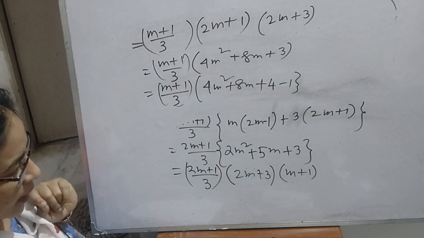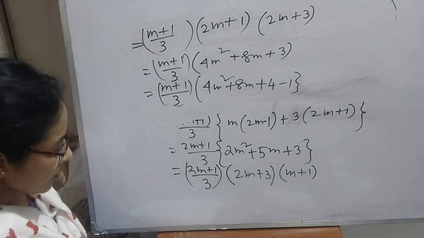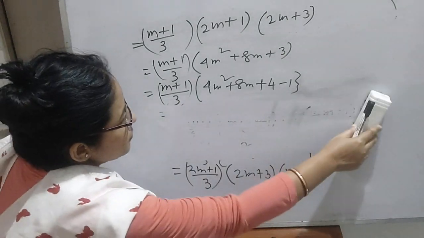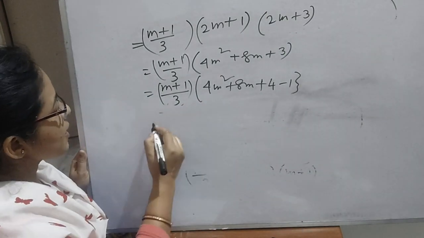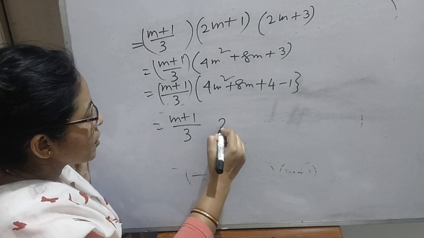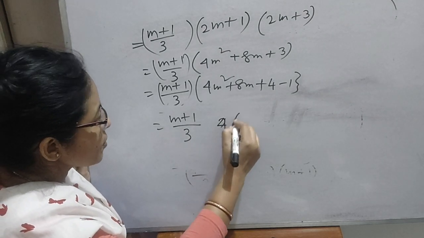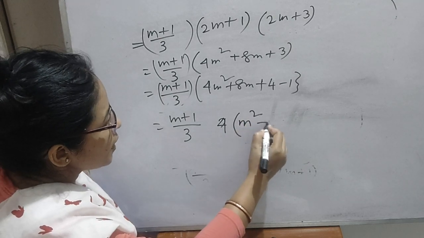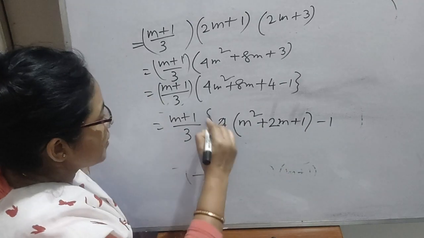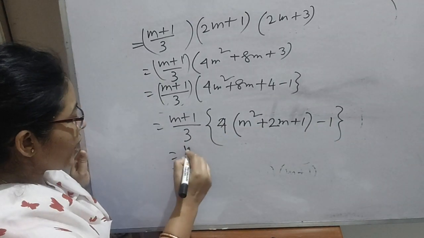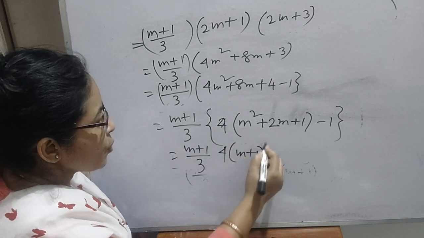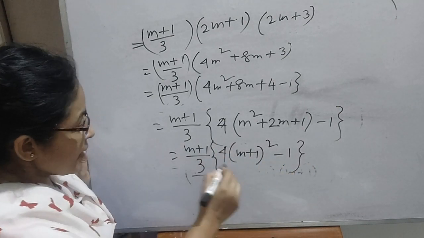This can be written in this way, if I take common 4, (m plus 1) by 3 into (4 (m plus 1) whole square minus 1).